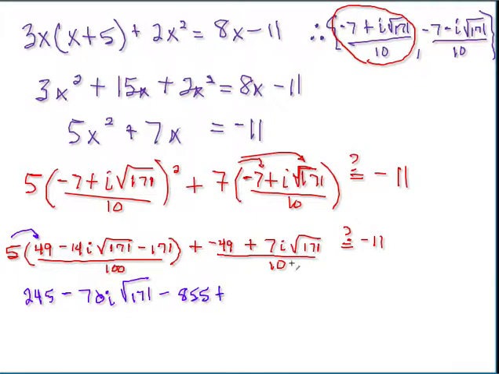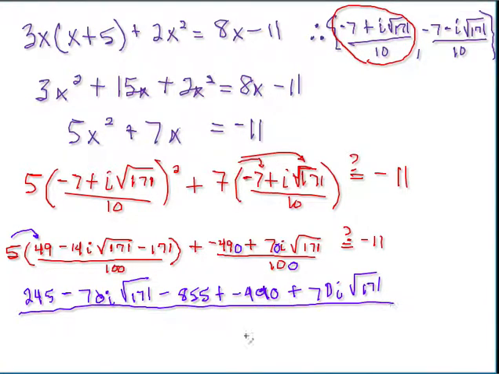Plus, and now I want to multiply the denominator by 10, so I'll multiply the numerator by 10, everything in the numerator and everything in the denominator, so I have common denominators. Plus negative 490, and look at this, isn't this sweet? Plus 70i times radical 171, and all of this is over 100.